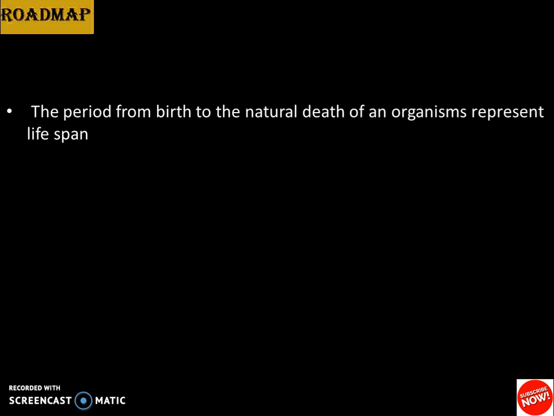Like the parrot and crow, they may have similar features, so they look similar, or their sizes are the same, but the life expectancy is different in both of them. So different animals, different plants, every organism has a different life expectancy or lifespan. The lifespan does not depend upon size. There is no relation of size to the lifespan.